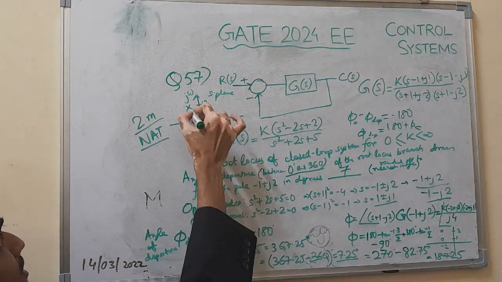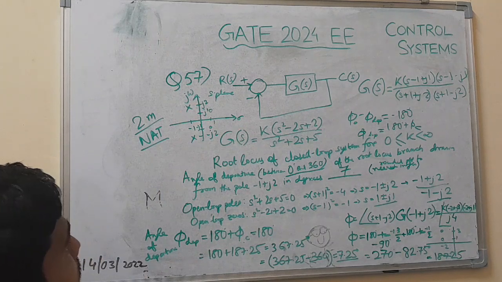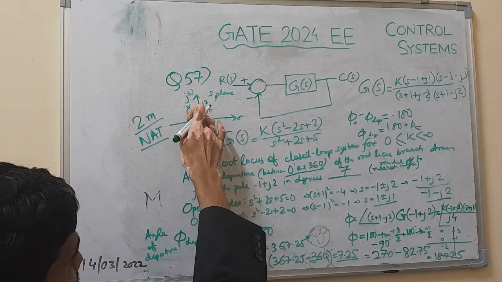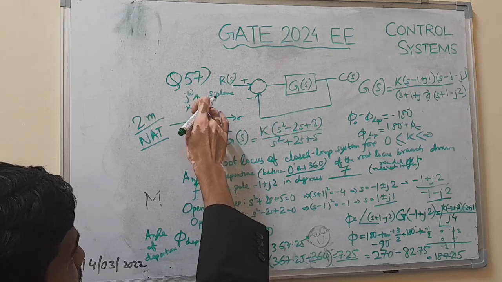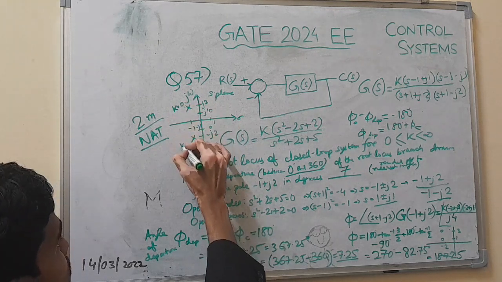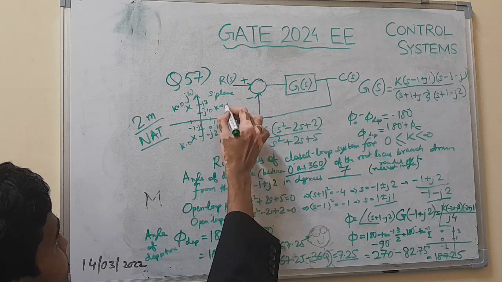These are the zeros and these are the poles. So what we can say is that the root locus branches will start originating from the open loop poles, at K equal to 0, and terminate at the open loop zeros, as K tends to infinity.